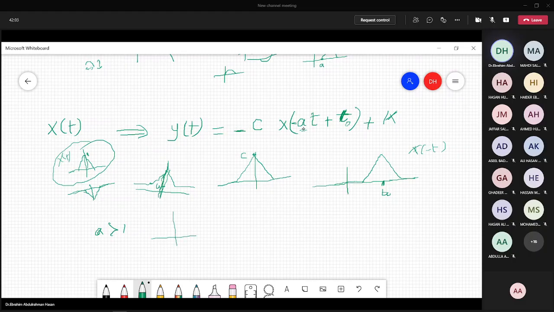So instead of it being until here, it's going to be something like this. Let me say that it is 1, then here it becomes 1 over A. Similarly here, minus 1 over A. And if A is less than 1, it's going to expand. Instead of 1, it will be something like this here.